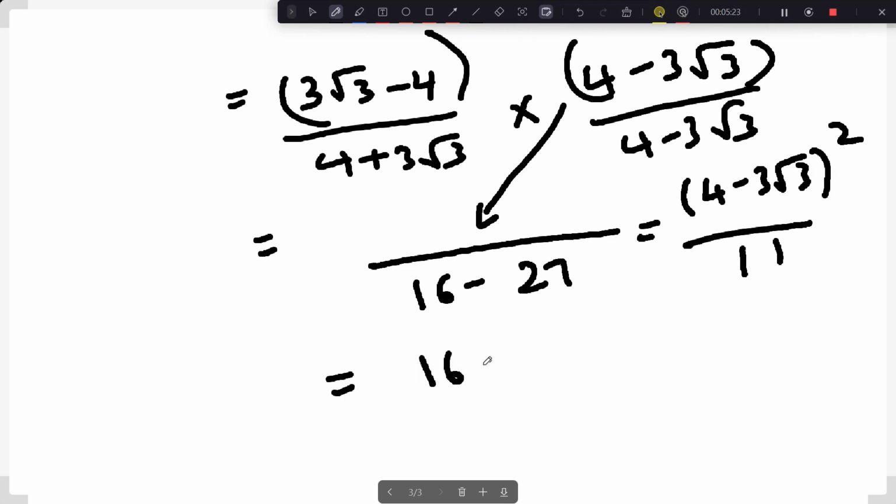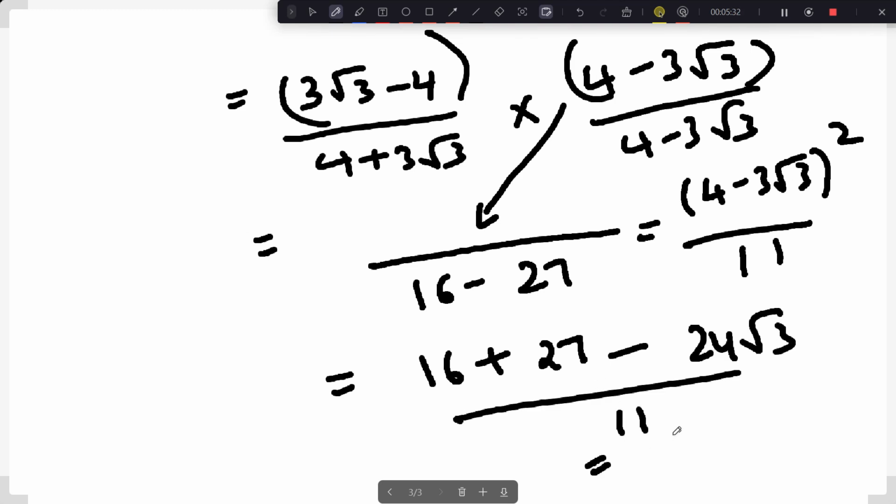Which is 16 plus 27 minus 24 root 3 by 11, which is 43 minus 24 root 3 by 11. That's why the answer seemed to be completely out of the blue. But this is how it is coming.